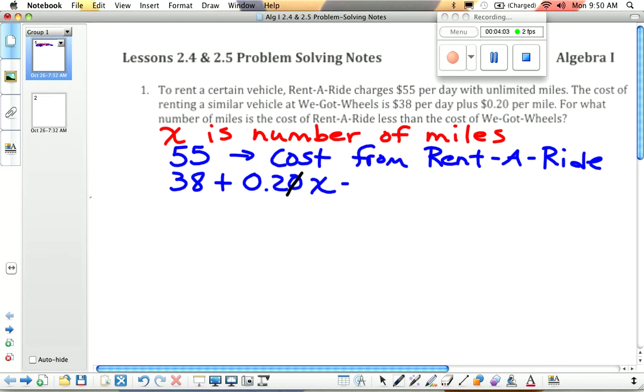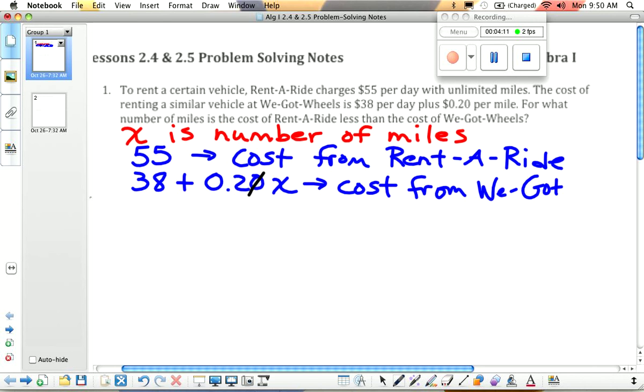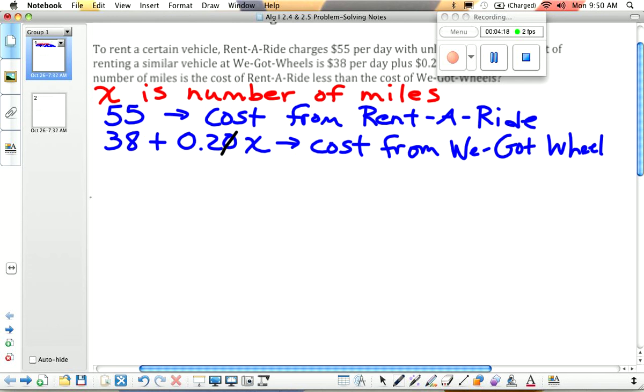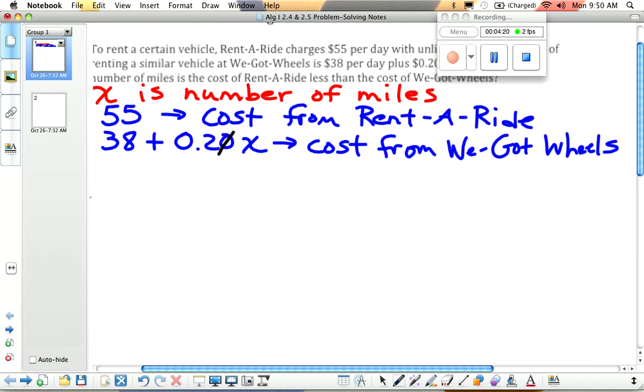And that is our cost from We Got Wheels. The reason I always take the time to do this is because when I get it wrong, I can look back and say, well, how was my setup? Where did I get all this stuff from?